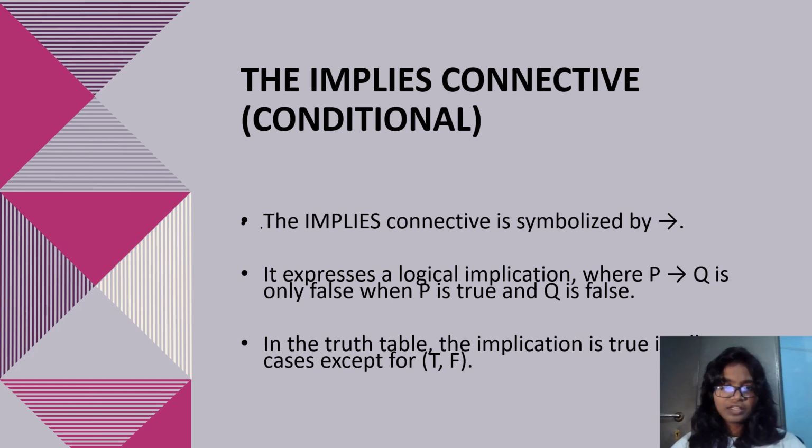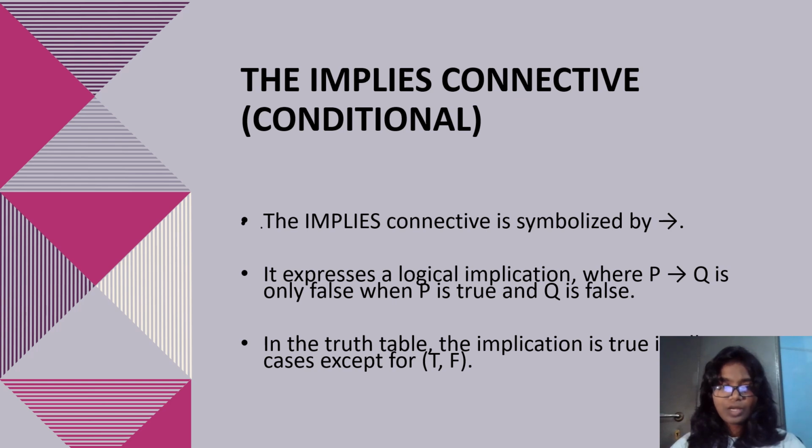The implies connective, the conditional connective. The implies connective is denoted by the arrow mark you can see on this screen. It is expressed as a logical implication where P implies Q. We can write that P implies Q is only false when P is true and Q is false.